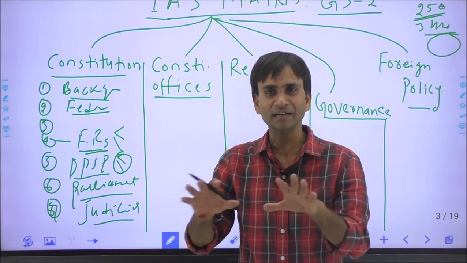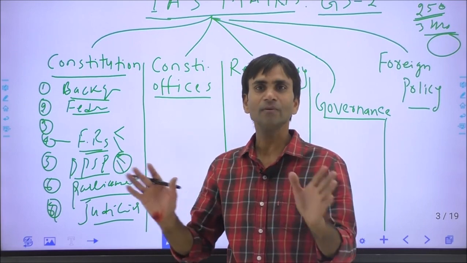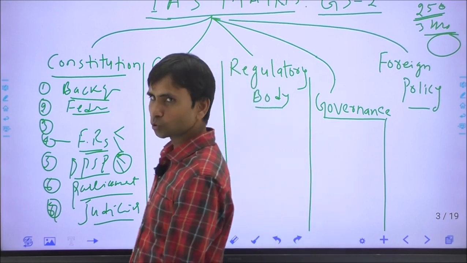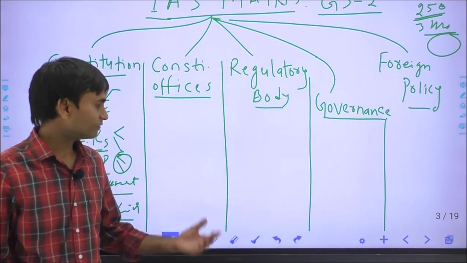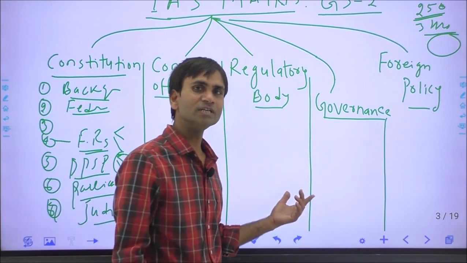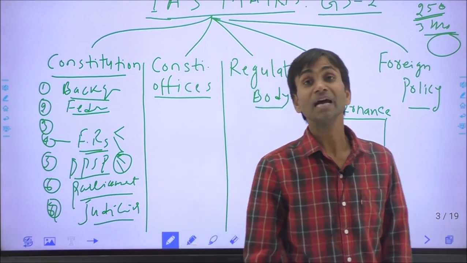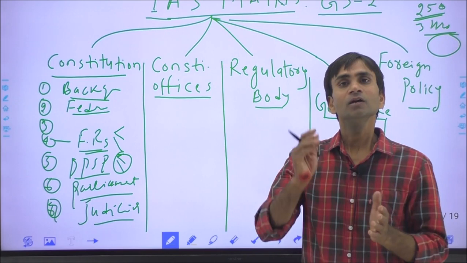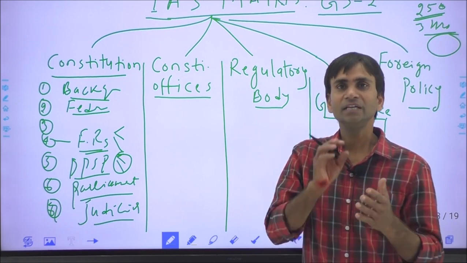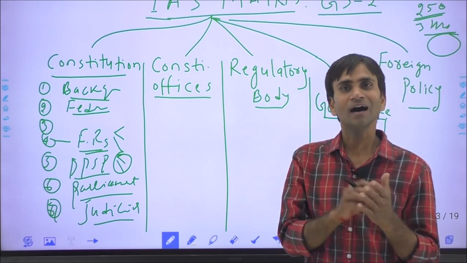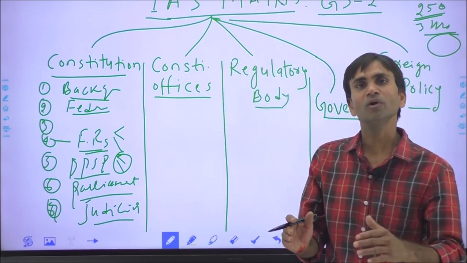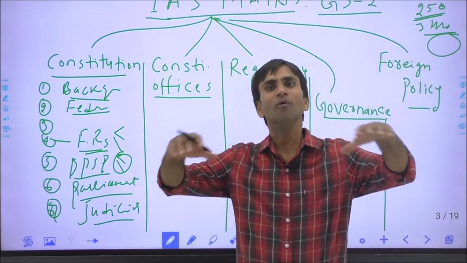This is one aspect, and the more important one is the role of the judiciary, which is known as judicial activism. Sometimes it is called judicial overreach. Judicial activism enlarges the role of the Supreme Court beyond the judicial boundaries.